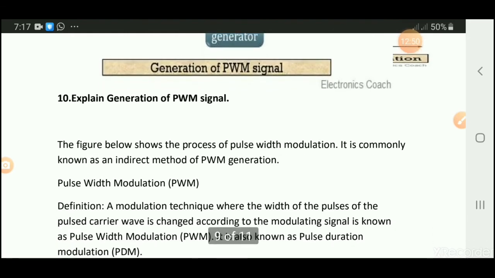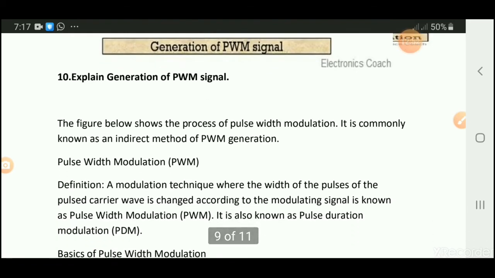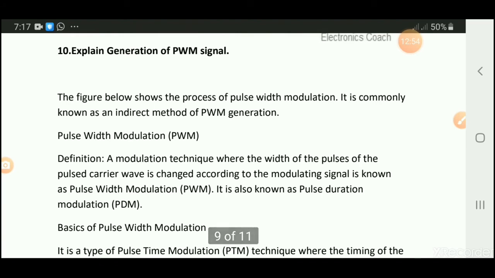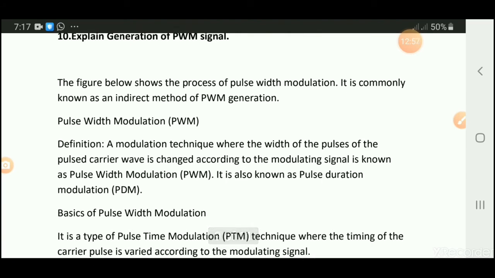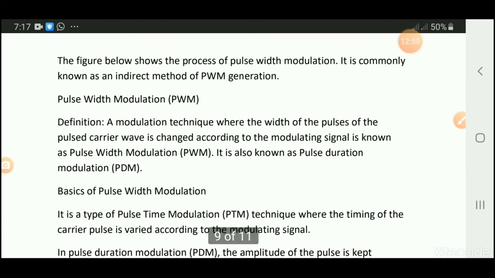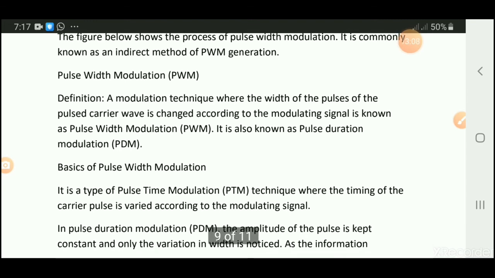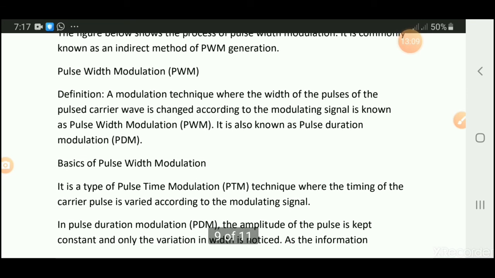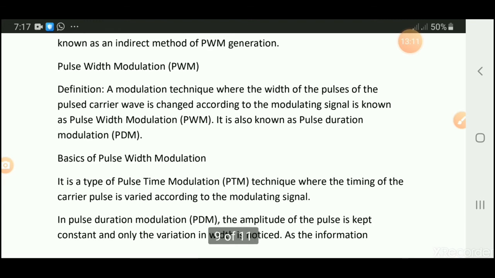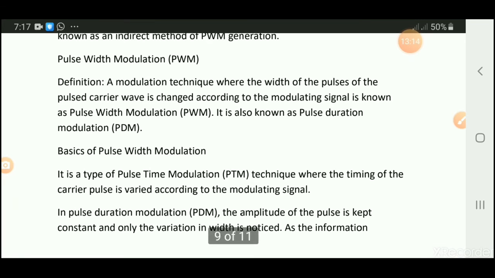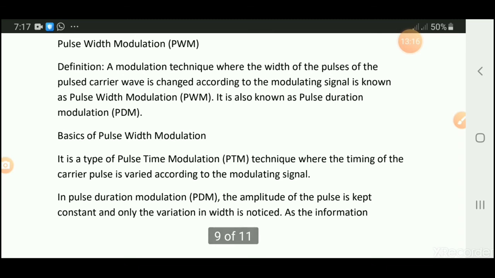Figure shows the process of pulse width modulation. It is commonly known as the indirect method of PWM generation. Pulse width modulation is a modulation technique where the width of the pulses of the pulsed carrier wave is changed according to the modulating signal. It is also known as pulse duration modulation.